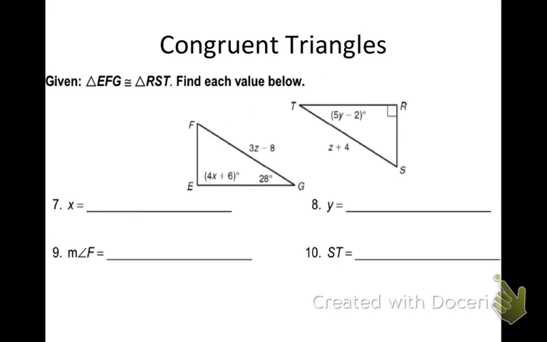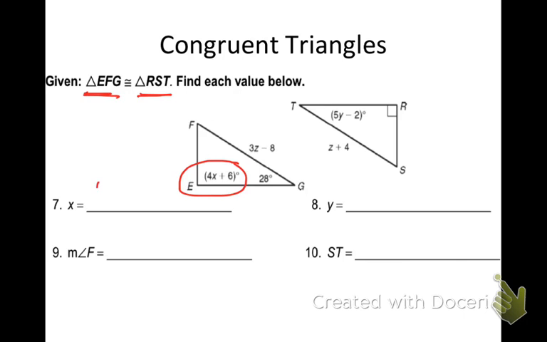So I can use that information now for congruent triangles to find missing values or angles. Okay. So number 7 says, once we find x. So notice I have given the two triangles are congruent. I want to find x down here. Well, x is a part of E. Well, how can I find x? You put 4x plus 6 equals 90.